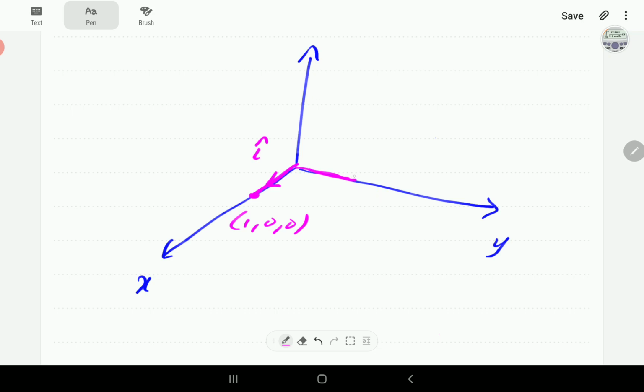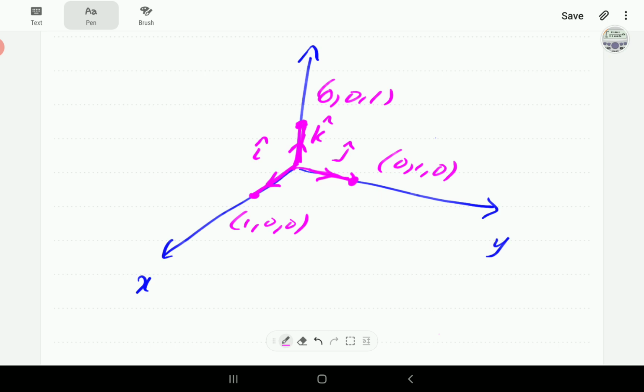Then another unit vector in the y direction, that point there is 0, 1, 0. This vector is j. Then this point is 0, 0, 1, and this vector here is k. Those are the standard unit vectors in the x, y, z frame.